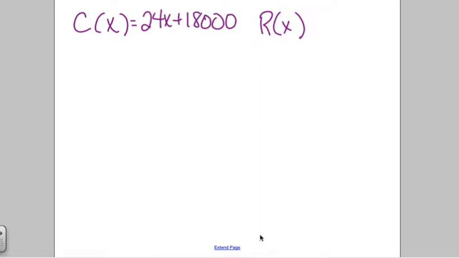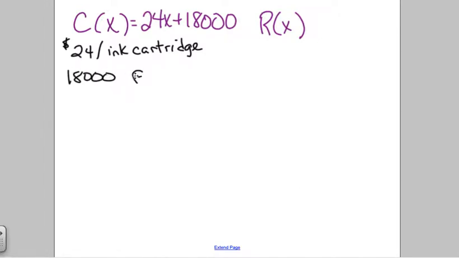That means that my marginal cost is 24, so my cost per item is $24 per ink cartridge. That's my cost per item. And my fixed costs are 18,000.